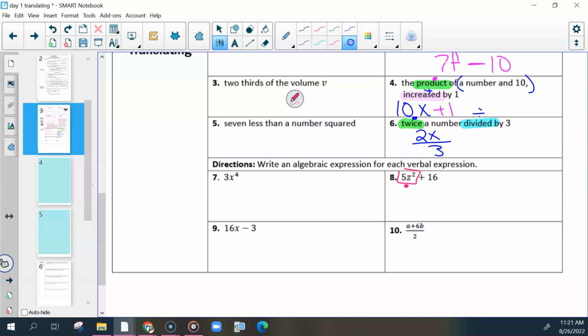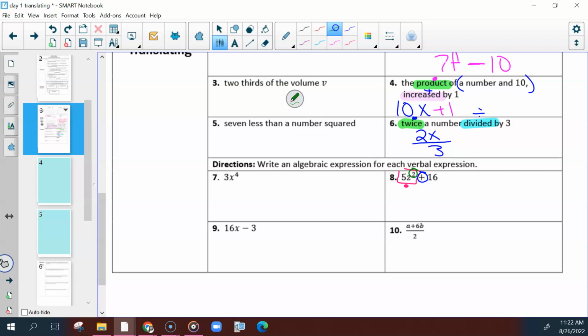Christian? Addition. That was more obvious. Now there is something else here that's not really an operation, but we need to be sure that we include it. Exponent. So we need to make sure we have somewhere in our words that it's being multiplied, it's being added, and there's an exponent.